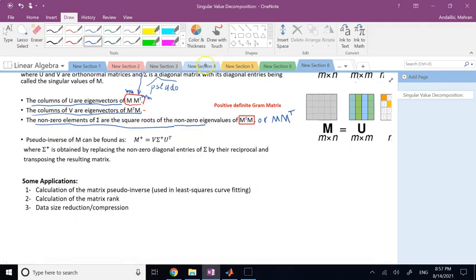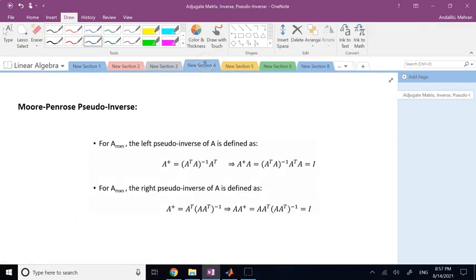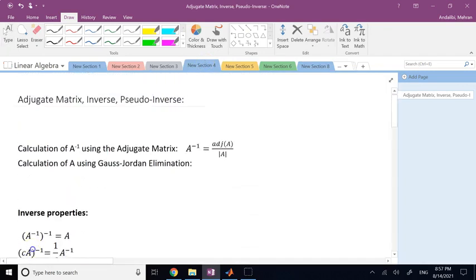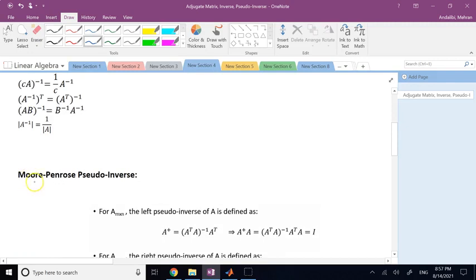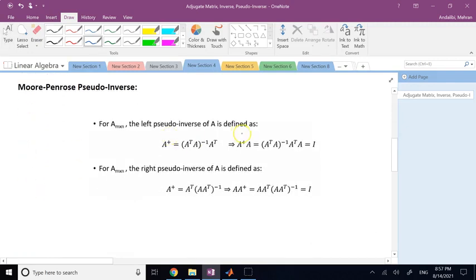If you remember from our previous lectures, when we talked about the inverse of a square matrix, we also said for non-square, rectangular matrices, we can define something called the pseudo-inverse, or more accurately, the Moore-Penrose pseudo-inverse, and it has a left version and a right version, and we show it with A plus.